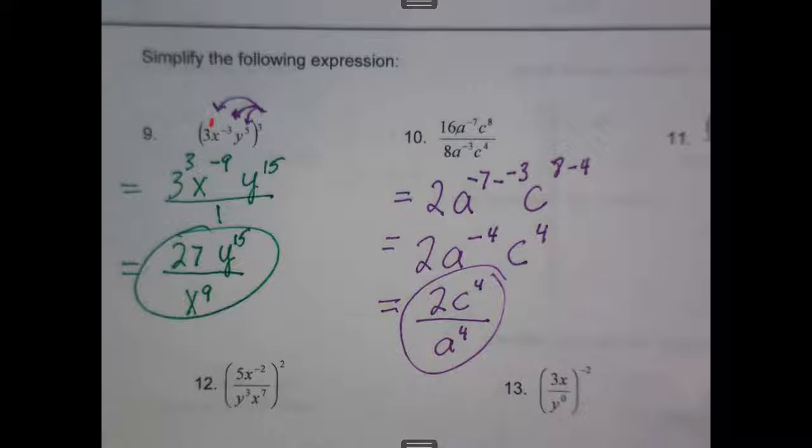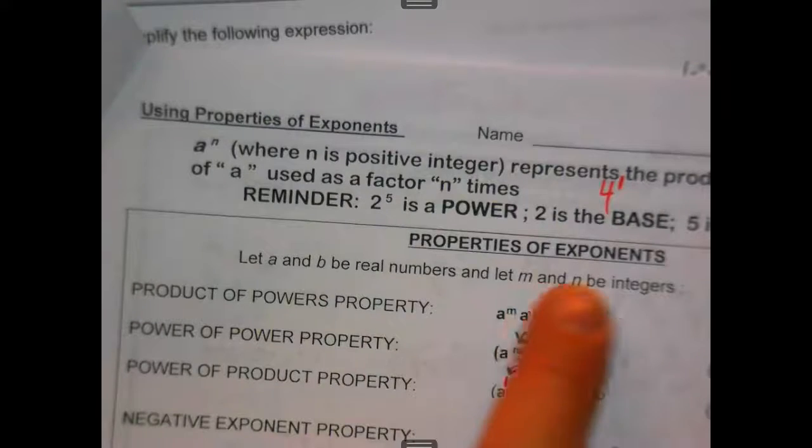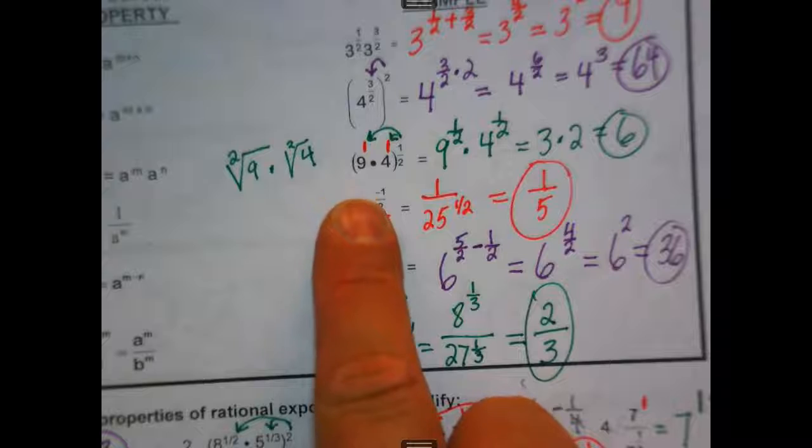My first hour had trouble and were yelling at me that they couldn't remember the properties. The properties are on your note sheet, see, the properties of exponents, the properties of rational exponents.